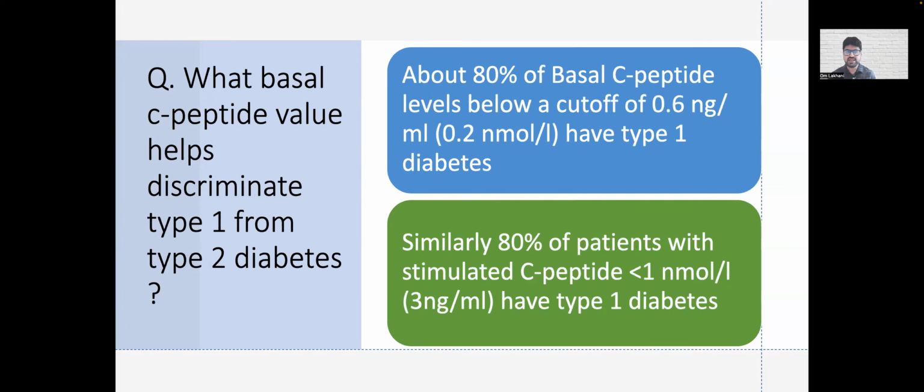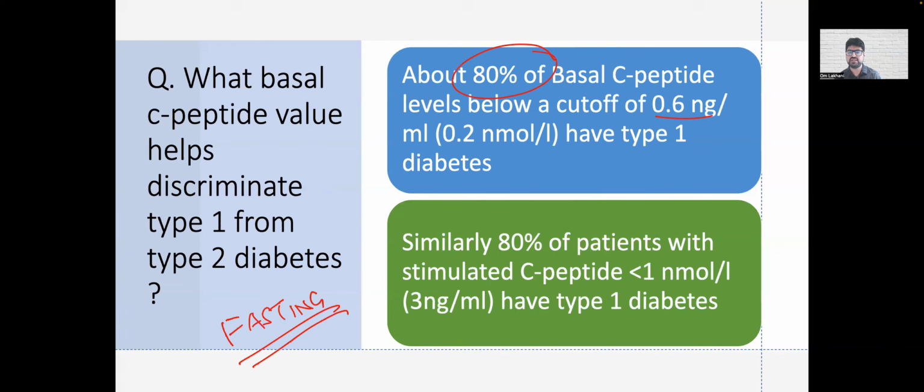Now, let's look at whether a basal C-peptide value, or a fasting C-peptide value, is helpful in differentiating type 1 from type 2. To some extent, yes, there are some issues with this, which I'll come to. But if the basal or fasting C-peptide is less than 0.6 nanogram per ml, it is 80% likely suggestive of type 1 diabetes.